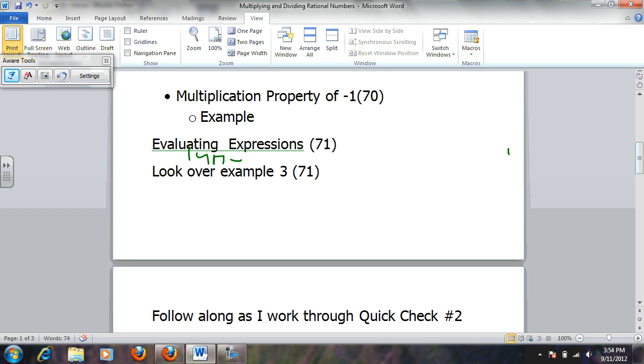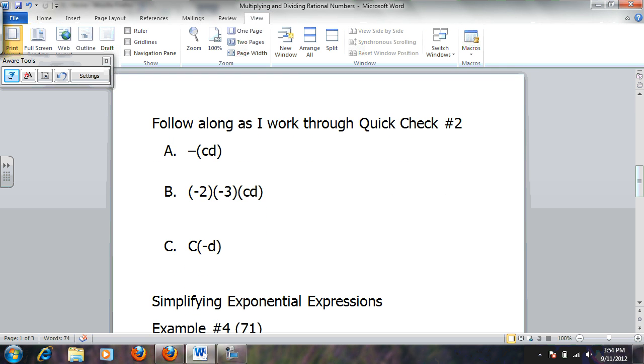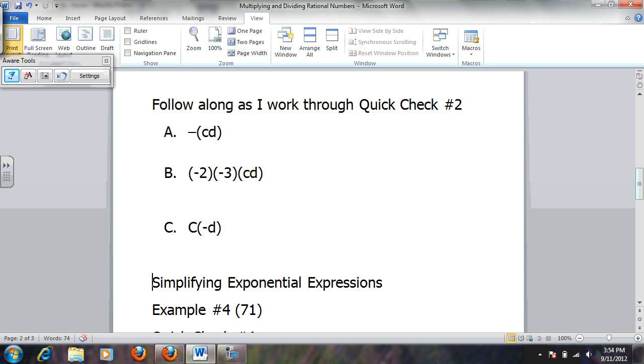Follow along as I work through, back up on example 2, those quick checks. We will have some application problems, but we're going to try quick check number 2. We have the opposite of the quantity C times D. I can't do any math here until I know the value of C and D. C equals negative 8. D equals negative 7.